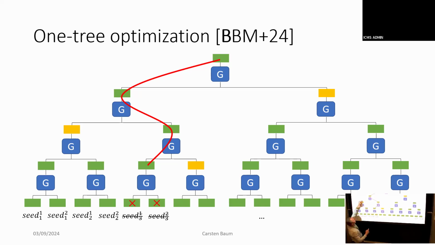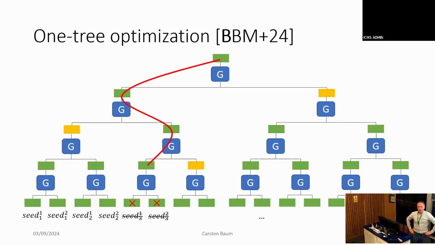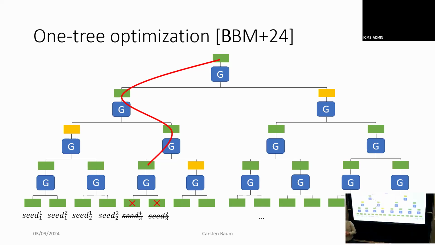Well, I can open this whole tree by just sending one seed, and this thing here, right? So before that, we were in a situation where we had to open 1, 2, 3, 4, 5, 6 seeds. Now we're down to 3 seeds. 1, 2, and 3.